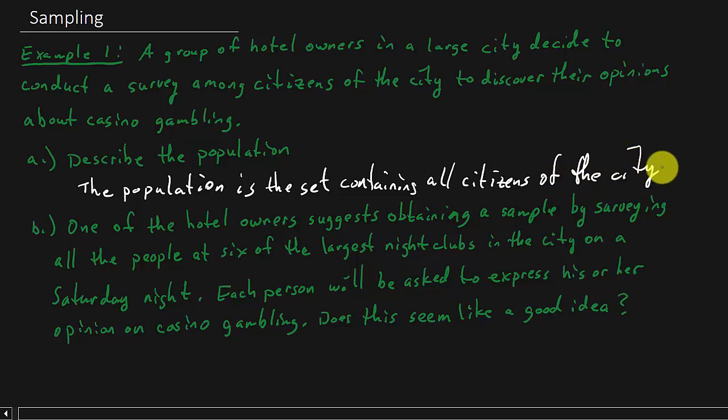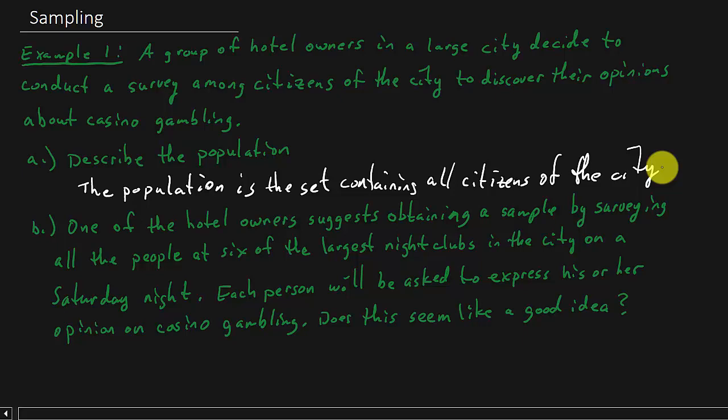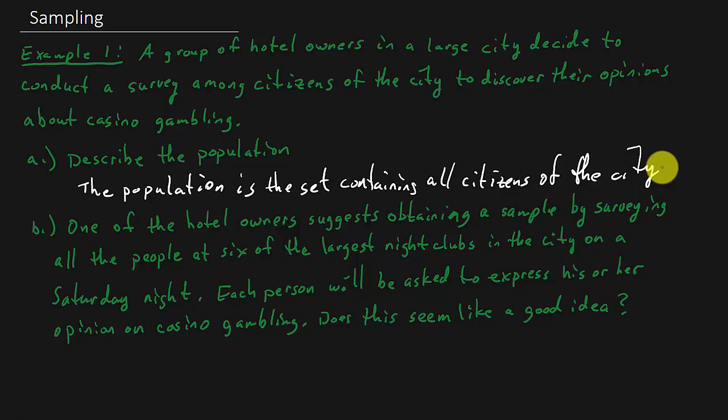And then part B says one of the hotel owners suggests obtaining a sample by surveying all the people at 6 of the largest nightclubs in the city on a Saturday night. Each person will be asked to express his or her opinion on casino gambling. Does this seem like a good idea?